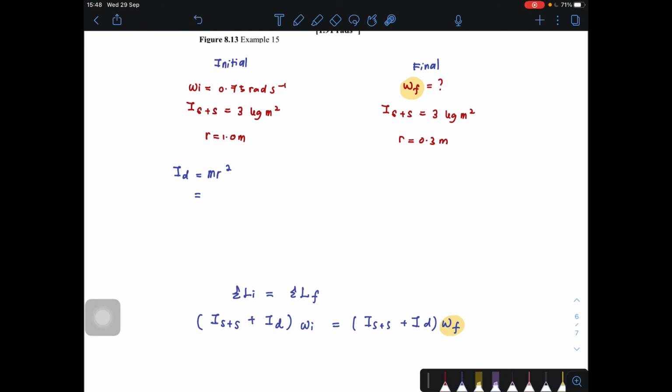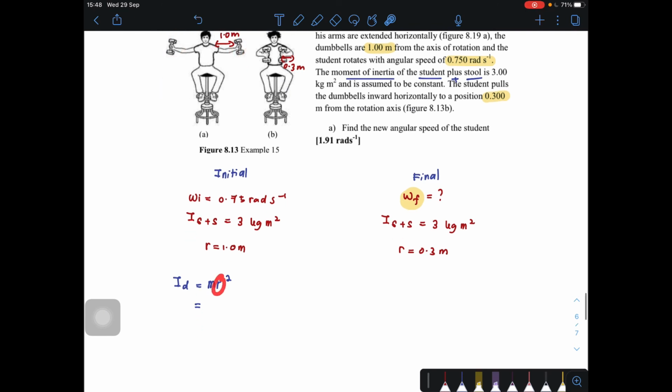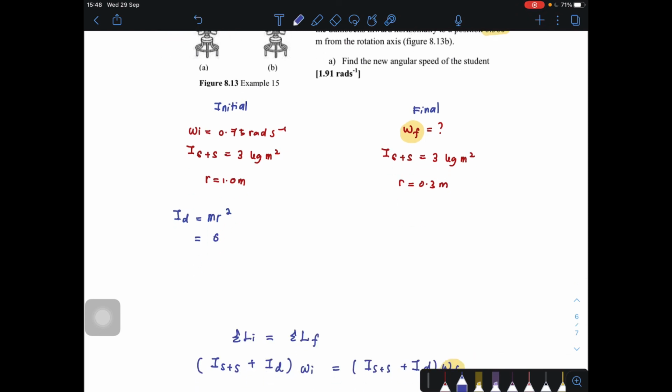So, the mass of the dumbbell. Okay, mass of the dumbbell, since the value R is the same for this one and this one. And we have two dumbbells. So, we add them. The mass will be 6 kg. R is 1 square. So, we get 6 kg meter square.